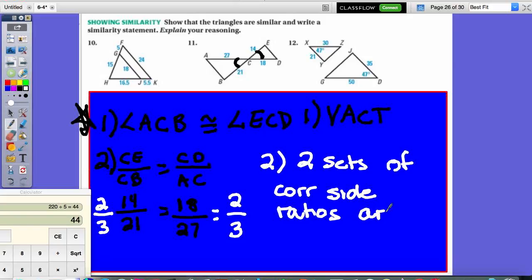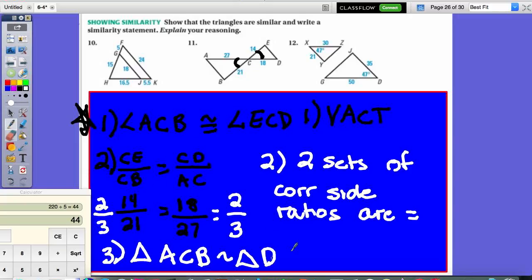are equal. That means triangle ACB is similar to triangle DCE. Don't mess these up. A is corresponding to D, C to C, B to E. And that's side, angle, side, similarity.